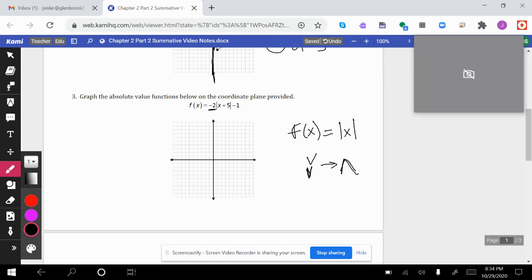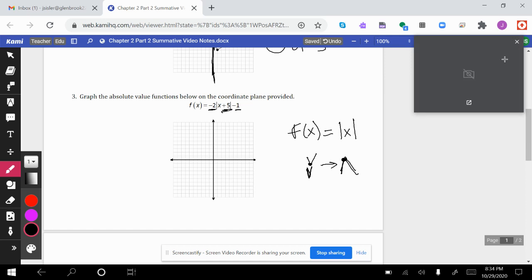We also have to find our new vertex. And remember, our vertex is just the tip of the V, right? Whether it's upside down or right side up, the vertex is our tip. And the way we're going to find that is just through our 5 and our -1.